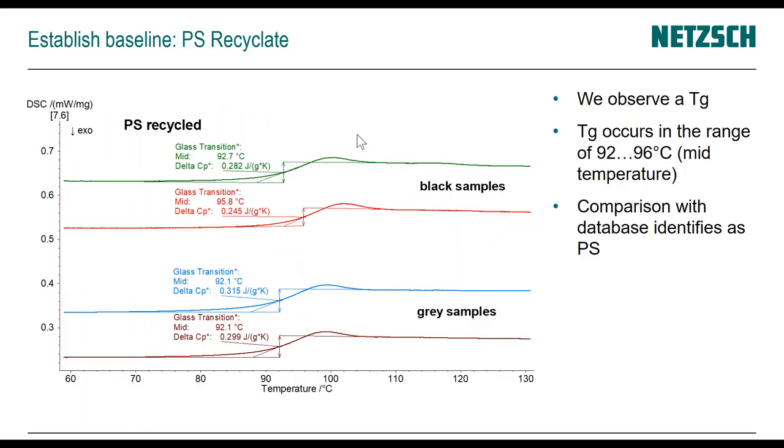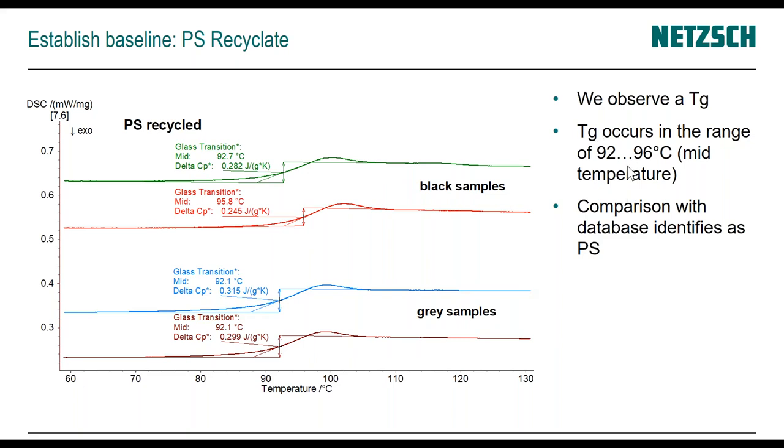So we started with establishing the baseline. We picked some of the black and gray samples. Here you see 4 different measurements that we did, and we ran a DSC at 10 Kelvin per minute up to, as you see here, 140 degrees C. And we looked at the characteristics of these curves. We can already see it's an amorphous material because we see a glass transition temperature.